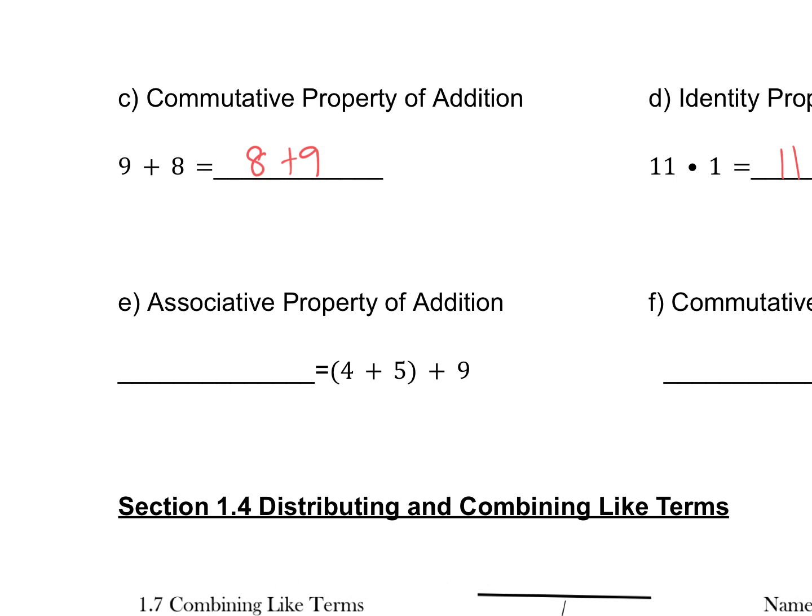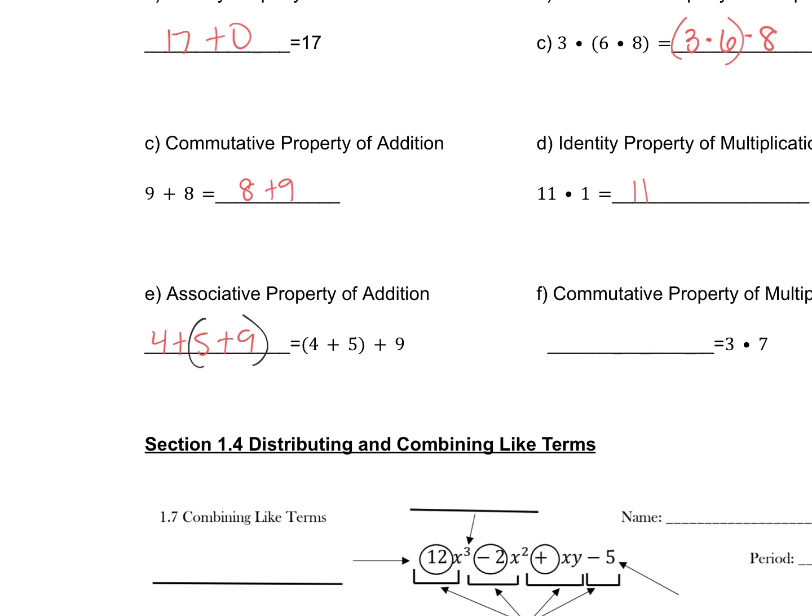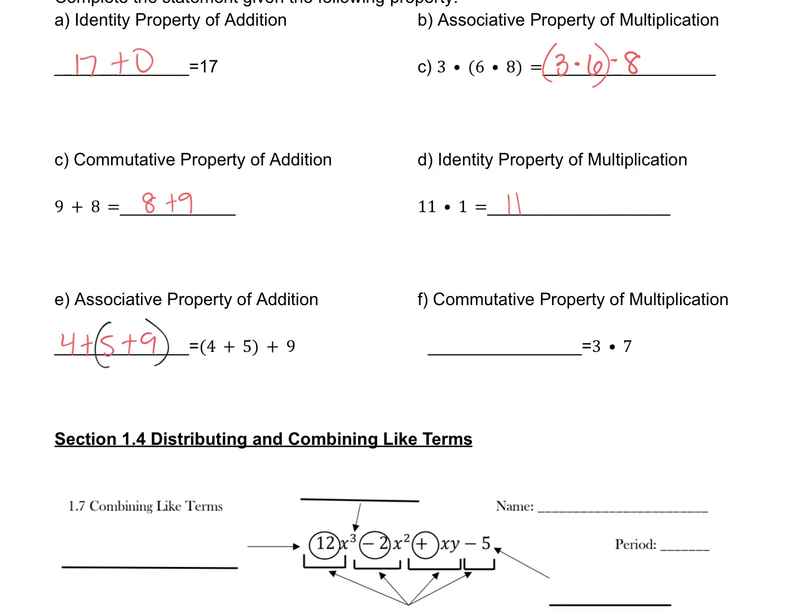Associative property of addition is 4 plus 5 plus 9. It looks like their parentheses are around the first 2, so we need to put them around the last 2. And then the last one is commutative property of multiplication. So what equals 3 times 7? Well, that's 7 times 3.